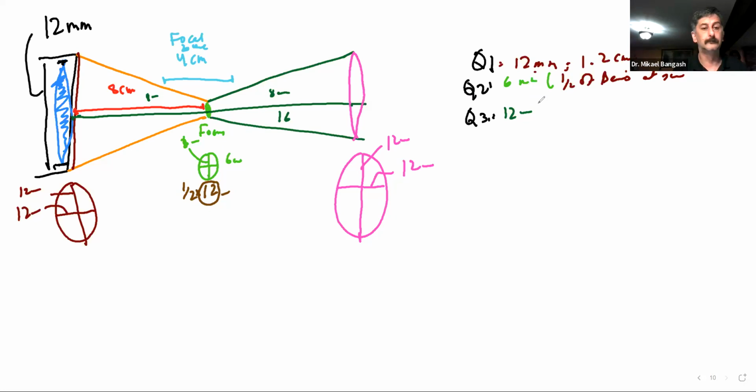Yes. Good. The next question, 4, is asking, at what depth is the focus?